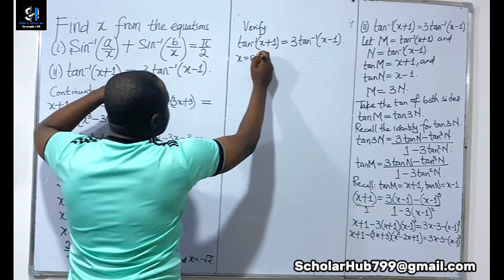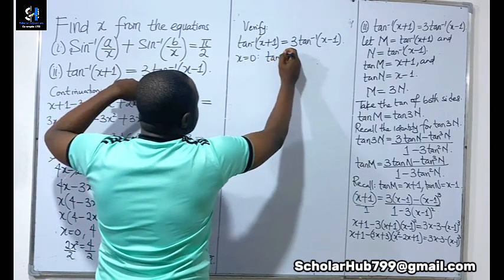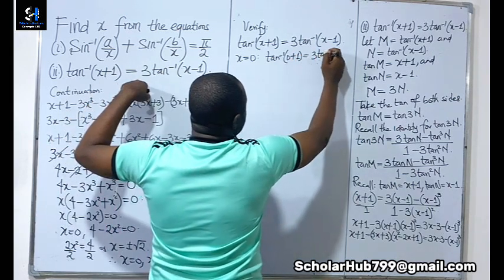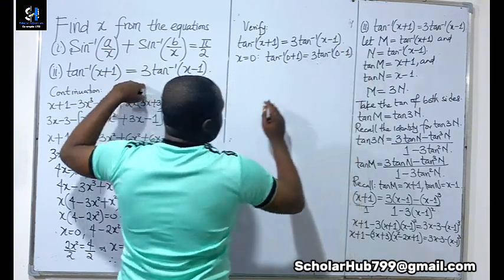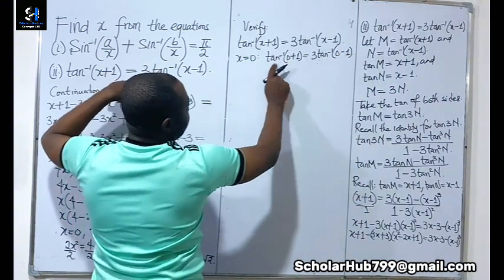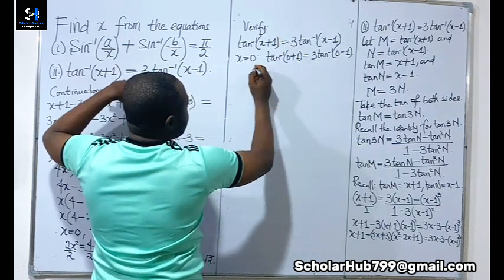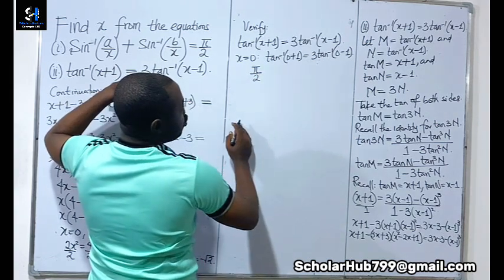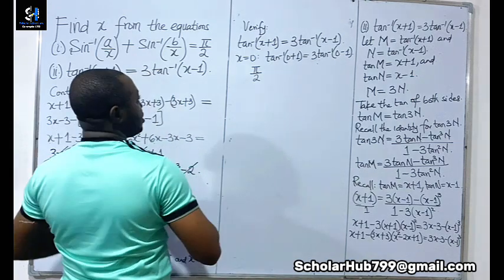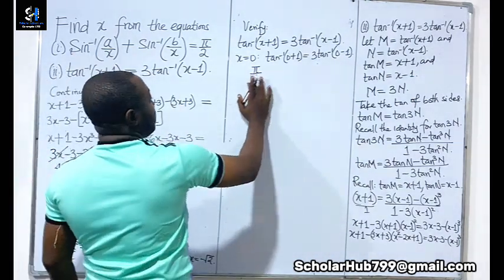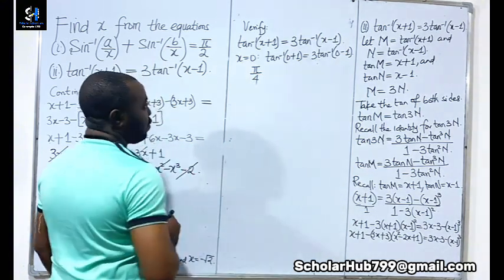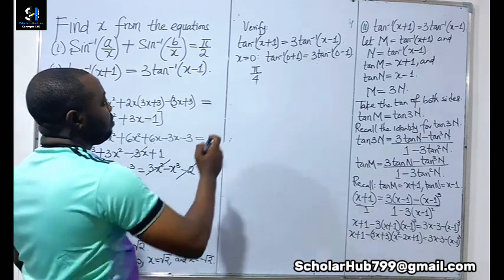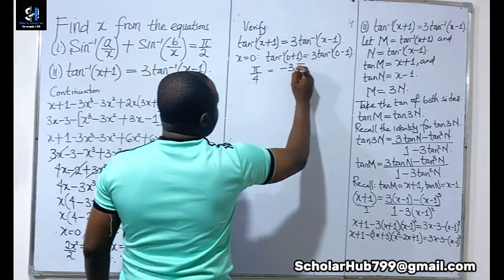When x equals 0, this will be inverse tan of 0 plus 1 equals 3 multiplied by the inverse tan of 0 minus 1. Of course, the inverse tan of 1 is 45 degrees, which is pi over 4. And this will be negative 3 pi over 4.